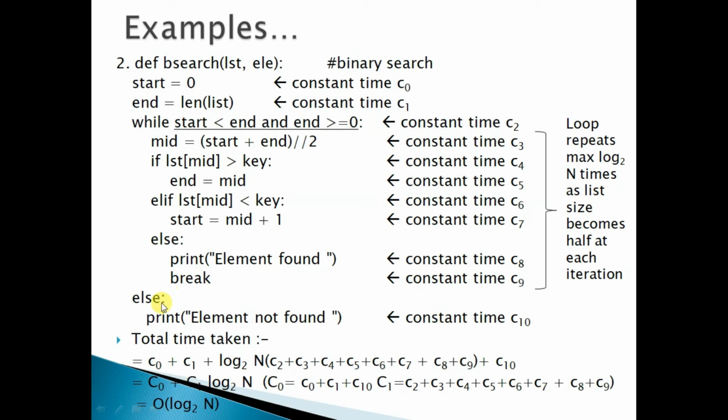So this is the example, and then we add all these values, and after adding all these values we get this expression C0 plus C1 log n base 2, and the most dominant term in this expression is log n base 2. So the complexity of binary search is of order log n base 2, okay. So this is how we calculate the complexity of an algorithm.